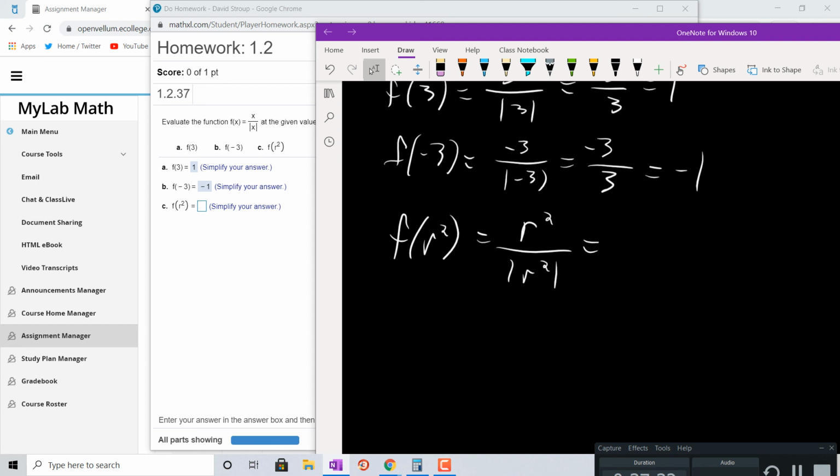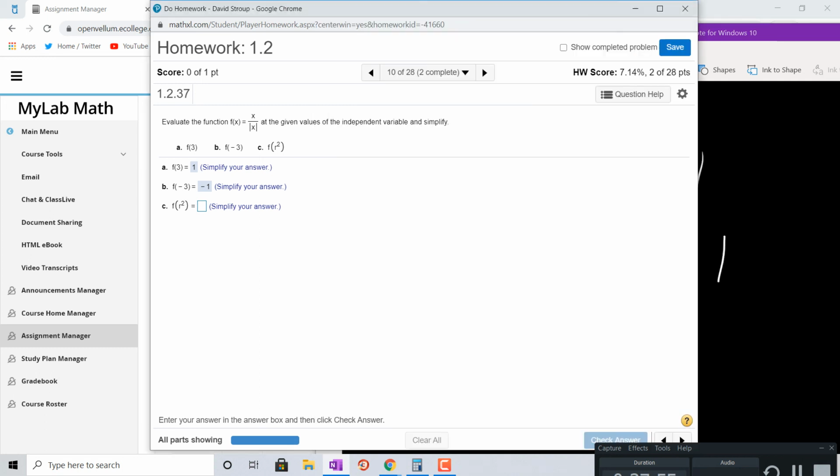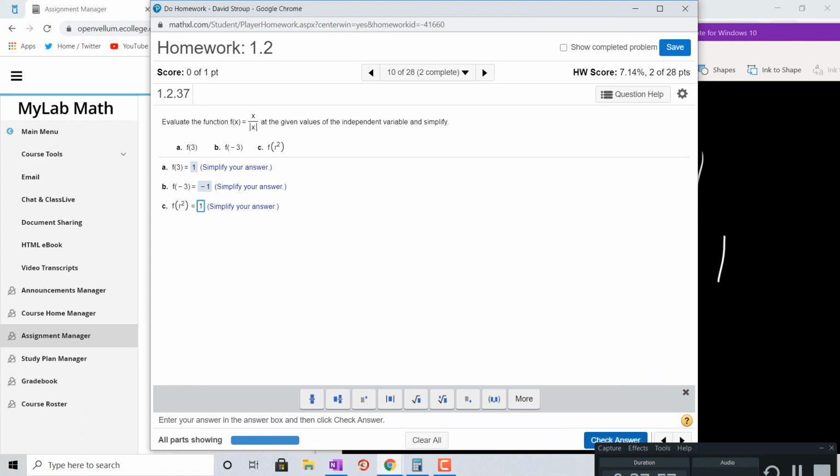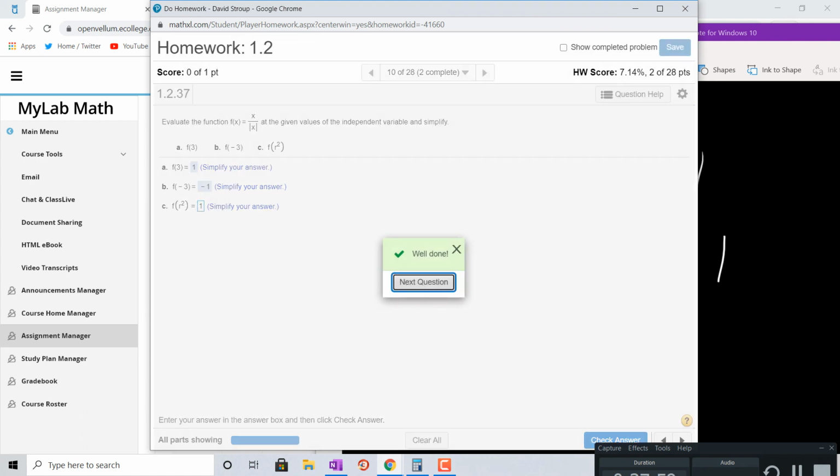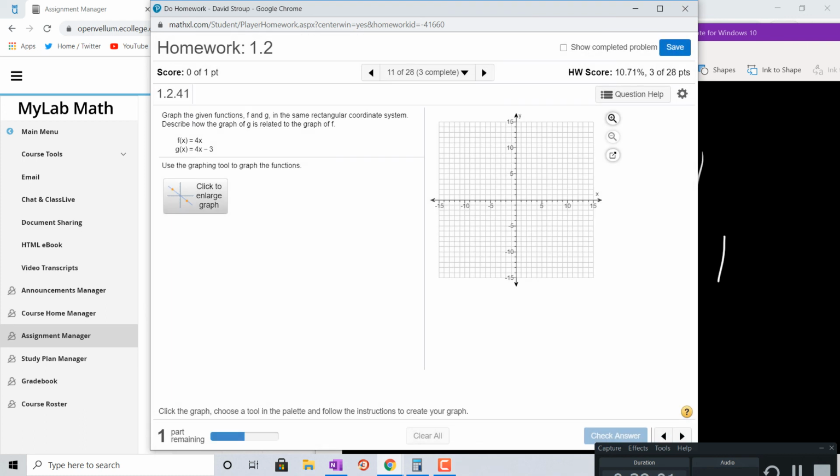Because r squared, if you square anything, it's always going to be greater than or equal to 0. Okay? So on the bottom, the absolute values are not necessary. You don't need to write them. So absolute value of r squared is just going to equal r squared. Okay? In this case. So you have r squared over r squared, that's just going to be 1. Okay, so that one's a bit weird.